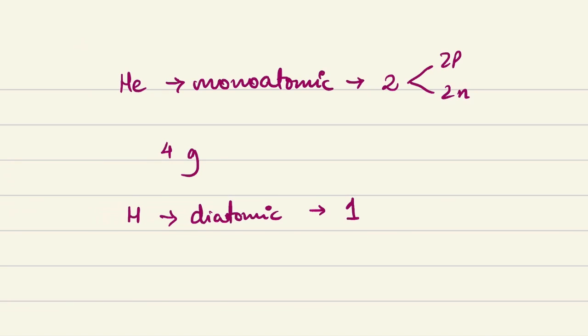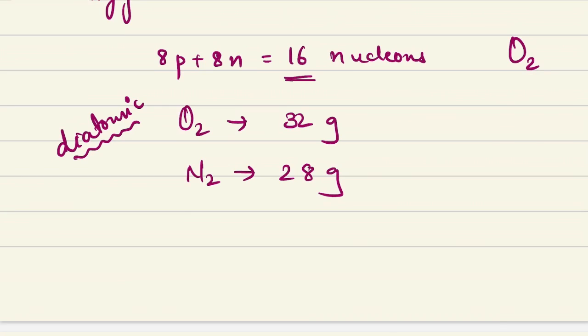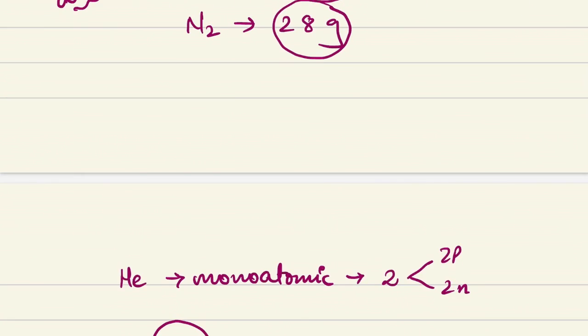But because hydrogen is a diatomic gas, its 2 atoms will make 1 molecule of hydrogen. So 1 plus 1, you will get 2. So the molar mass for hydrogen is 2, the molar mass of helium is 4, the molar mass for nitrogen is 28, and for oxygen is 32.